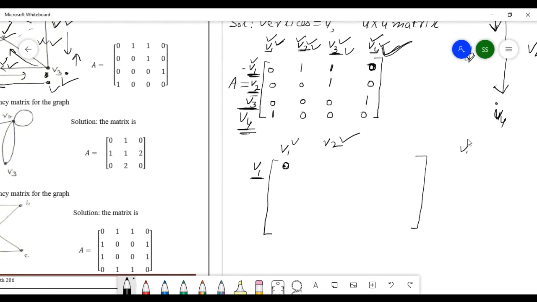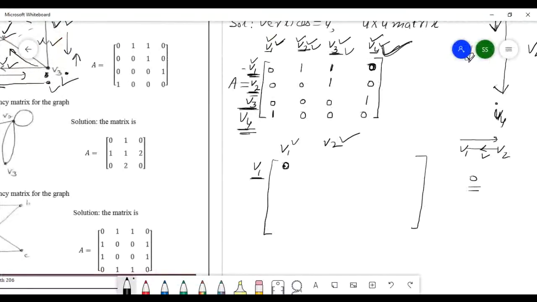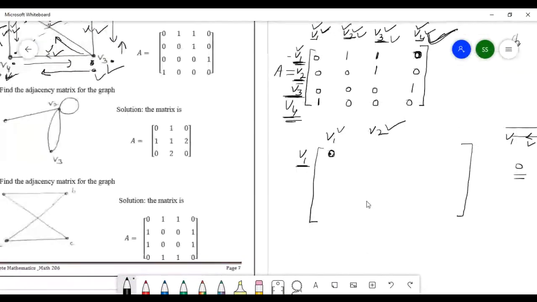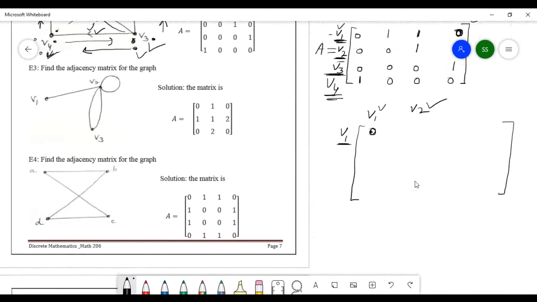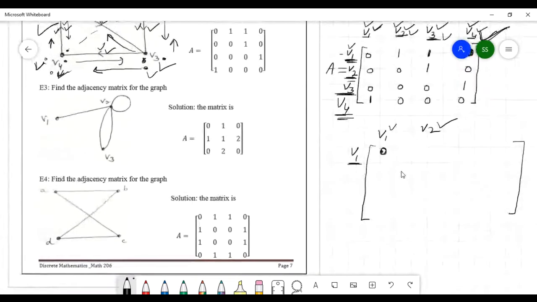If you go this way and the arrow is in the opposite direction, there is no edge, meaning zero, right? Understand this? Any problem here? Okay, now see another question. Example number 3. See this example number 3 here.